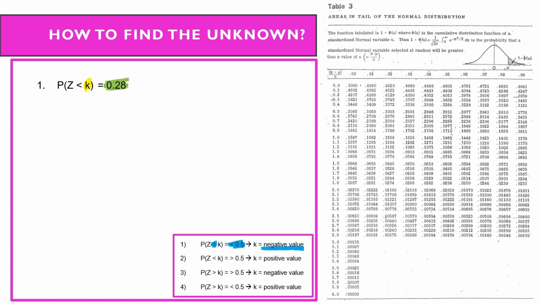Second, if z less than k and the probability value is greater than 0.5, k is a positive value. Third, if z greater than k and the probability value is greater than 0.5, k is a negative value. Last, if z greater than k and the probability value is less than 0.5, k is a positive value.